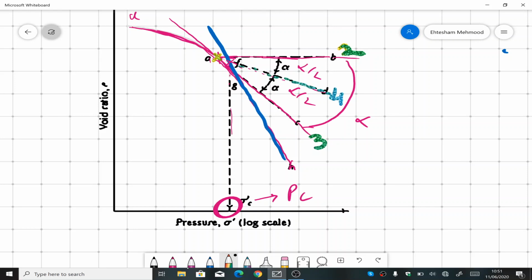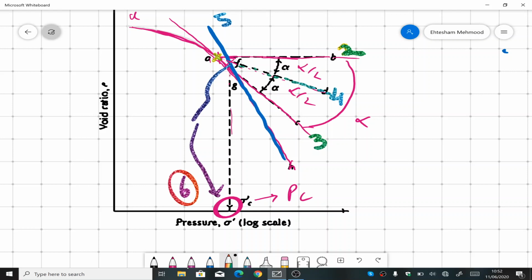This is the fourth step. Lastly, draw a line that is parallel to the last portion of the curve, that is step 5. Where step 4 and step 5 intersect, that point is noted, and we look at the sigma value. That value is called PC or the pre-consolidation pressure. So this is one method.